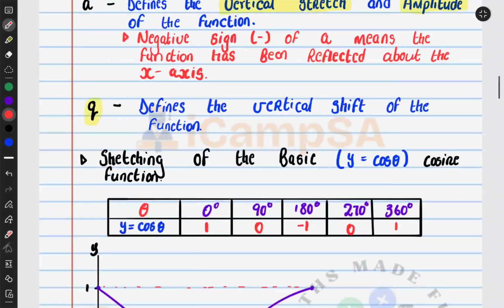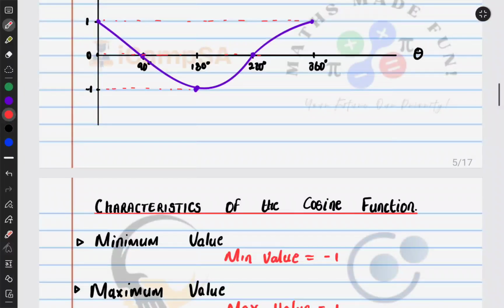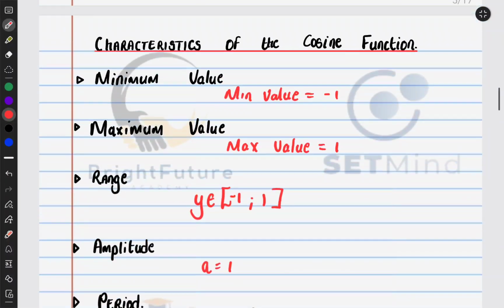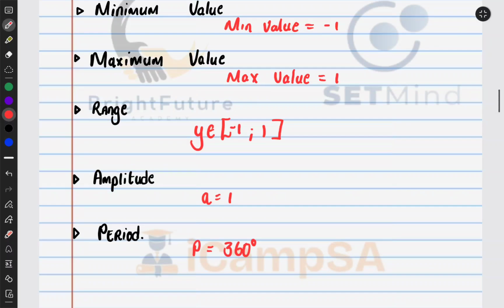So the cosine and the sine function are very similar. As you can see, they have the same period, so they generally take the same amount of time to repeat, which is 360 degrees.